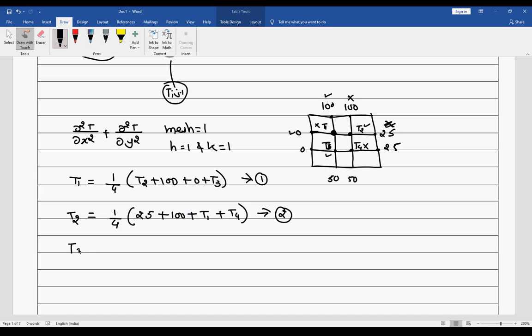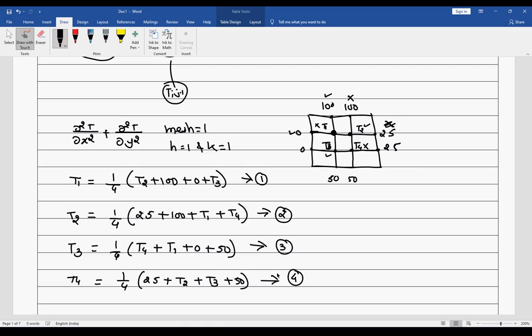Now T3 will be equal to 1 by 4 of T4 plus T1 plus 0 plus 50. This is my equation number 3. Then I have the fourth equation, 1 by 4 of 25 plus T2 plus T3 plus 50. This is my equation number 4.